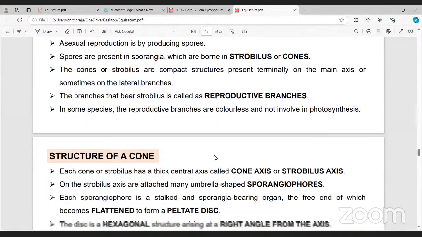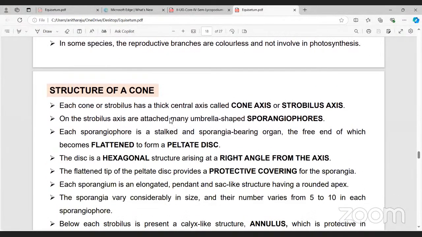Structure of the cone: each cone has a central axis, and this axis bears sporangiophores.